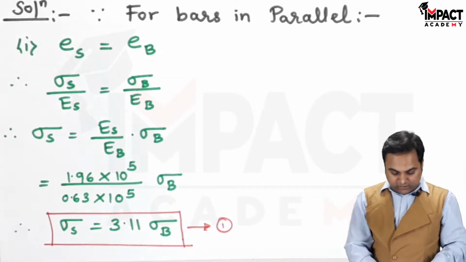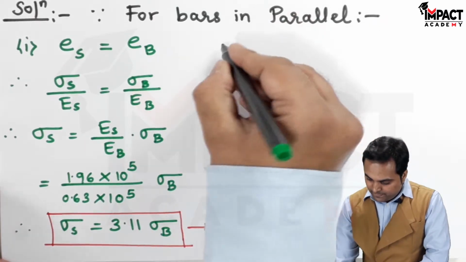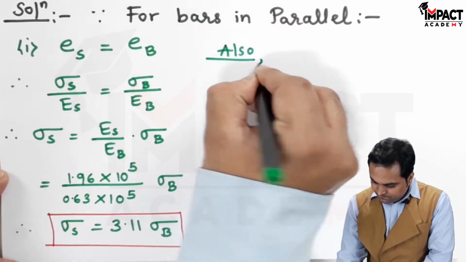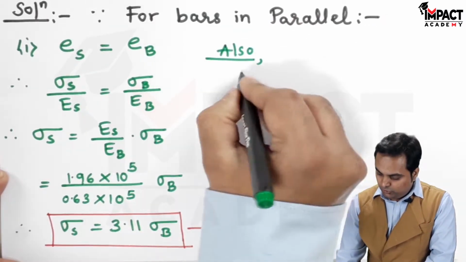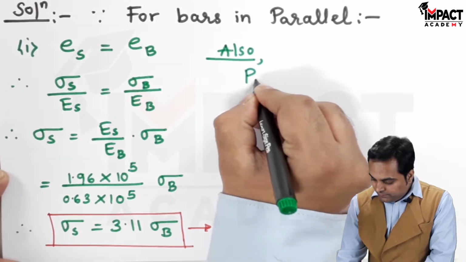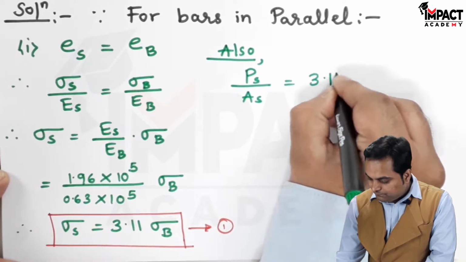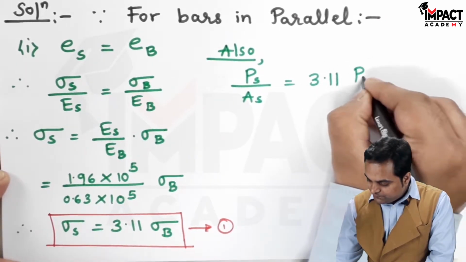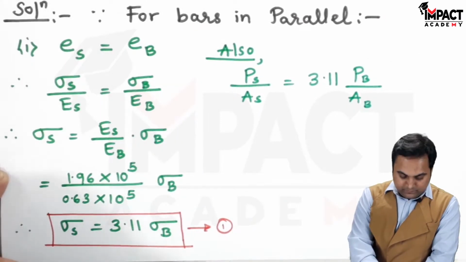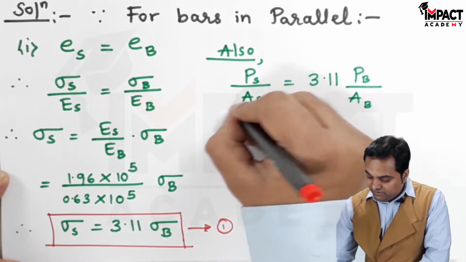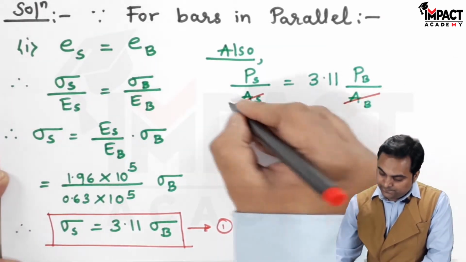Now, I'll also write the relation that stress is load upon area. So, load in steel upon area of steel. Similarly for bronze. Since both the areas are same, they can get cancelled out.